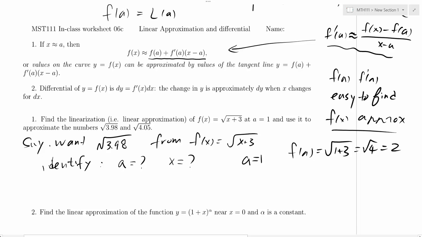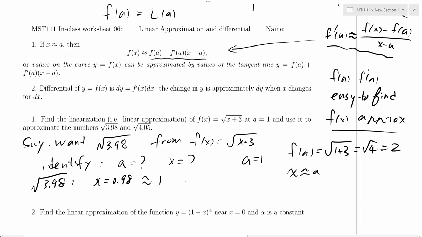Okay. So our x over here should be around a. So x is approximately a. Because we want to find the square root of 3.98, x actually is equal to 0.98, and this is approximately 1.